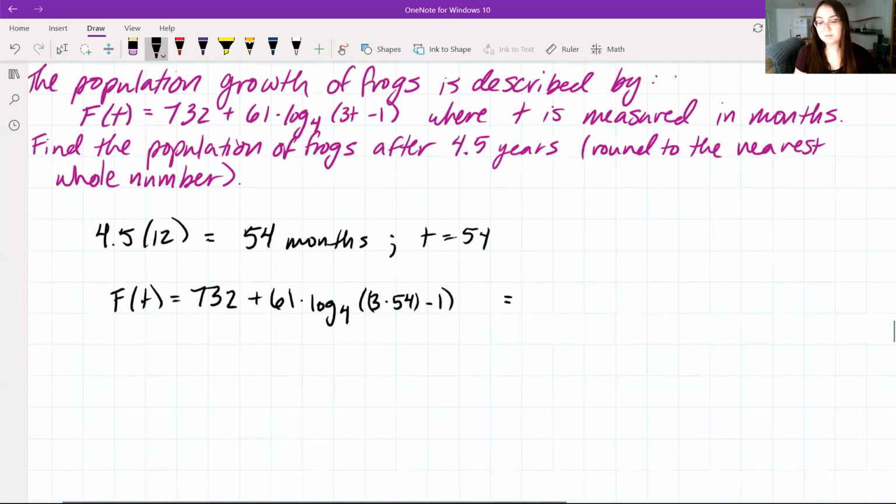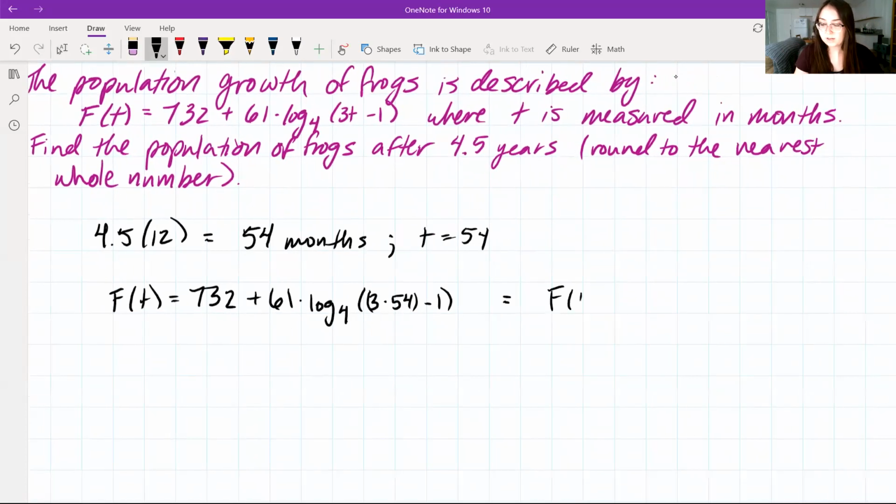Then we want to simplify this equation. We get f of t is equal to 732 plus 61 times log base 4 of, and you should end up getting, 161. So now we have a logarithm with base 4 of 161.